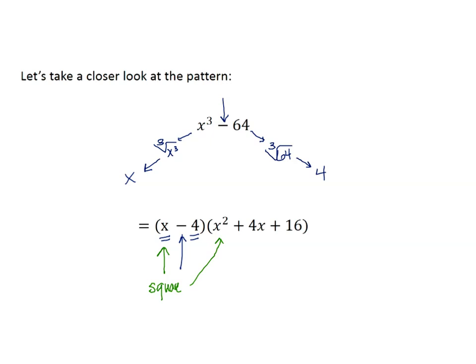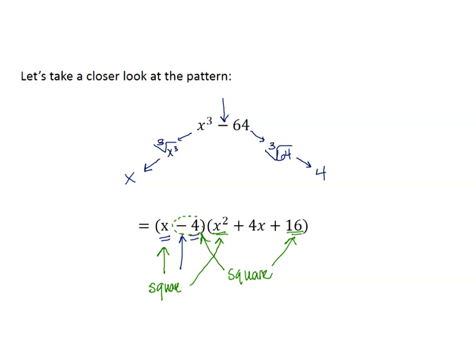If I take this number, this -4, and I square it, I get this number here, +16. So that's how I get the first term and the last term.